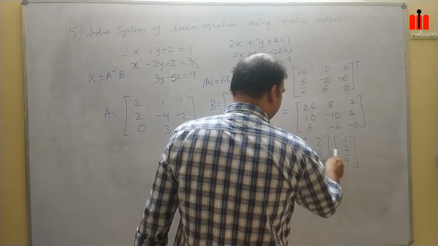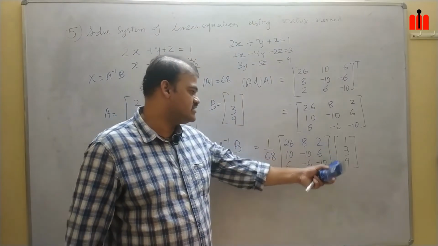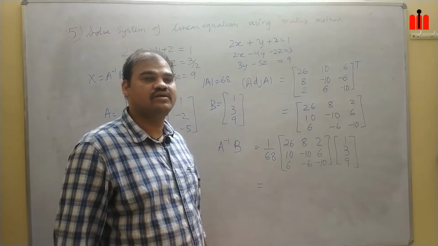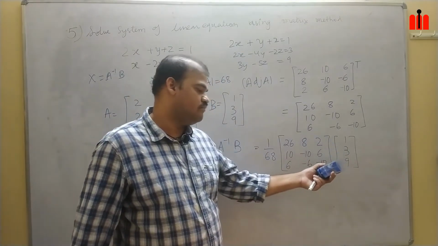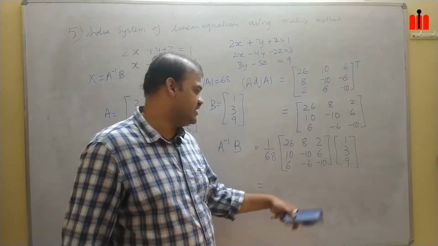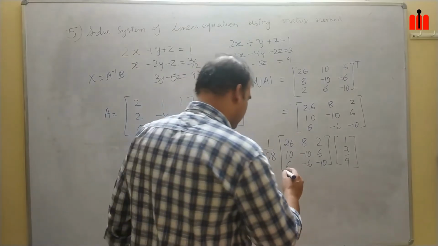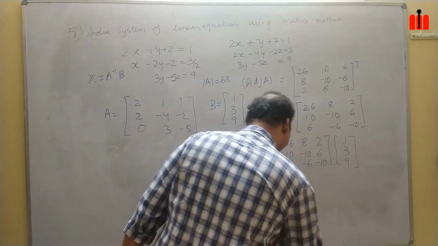26, 9 to the 18 and 8 to the 24. 24 plus 10 is 34, 34 plus 8 is 42, 42 plus 26 is 68. So the first element is 68.